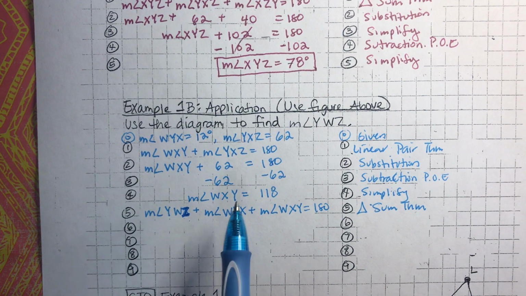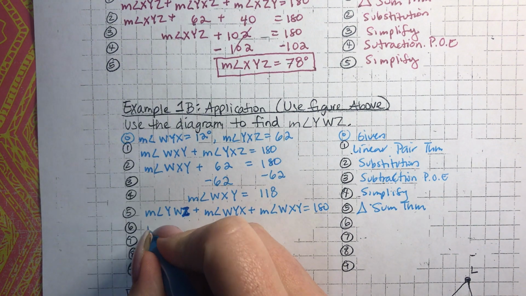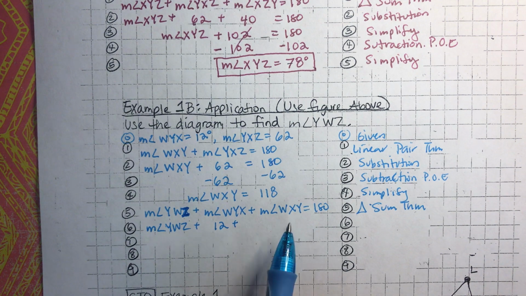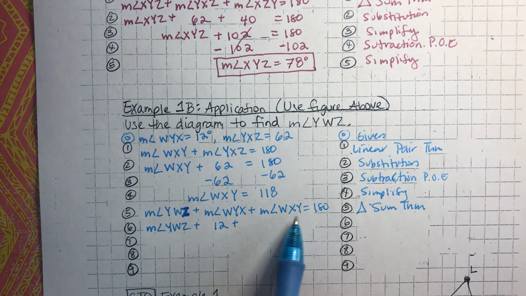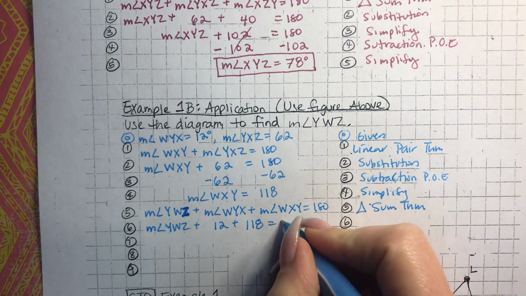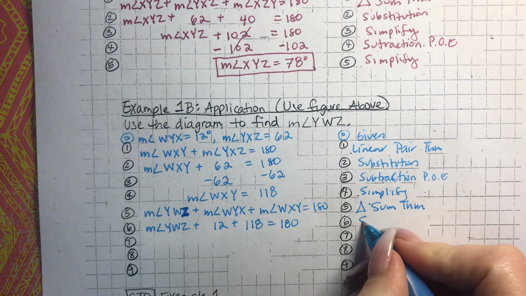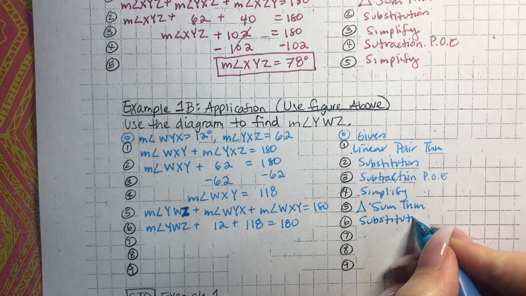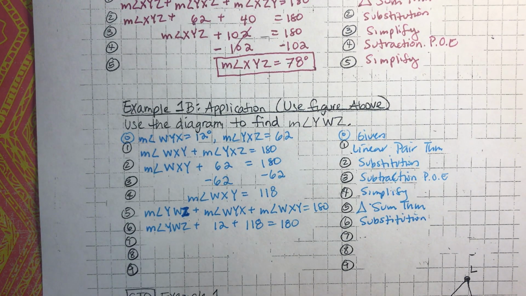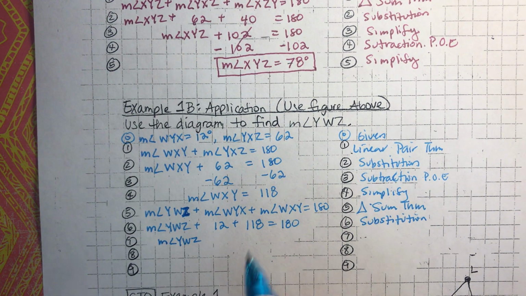Okay, so we're going to substitute in, right? So WYX, that's 12 degrees. We leave this, so 12 plus WXY, 118 equals 180. Okay, so substitution. What do we do? Just simplify and then solve, right? So you can do this. Go ahead and do it with me.